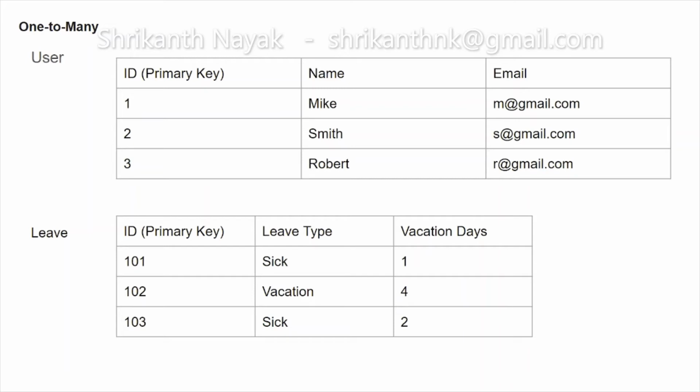Will you be able to tell me whether Mike has applied for any leave, or will you be able to tell me the name of the person who has applied for sick leave for 2 days? Without the primary key and foreign key concept, you won't be able to answer these 2 questions.